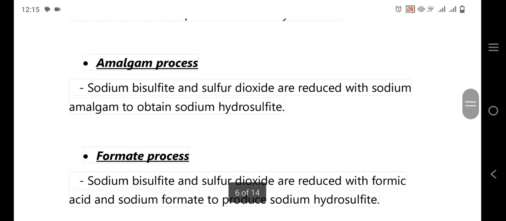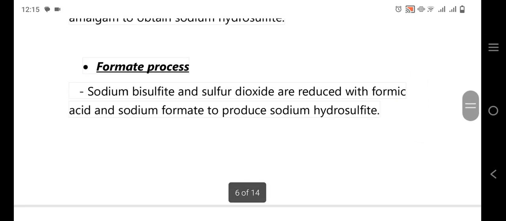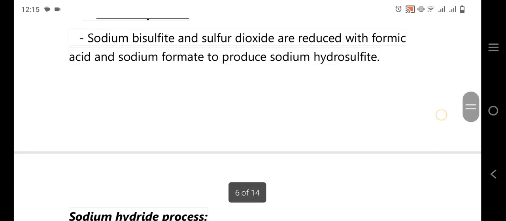Through the amalgam process, sodium bisulfite and sulfur dioxide are reduced with sodium amalgam to obtain sodium hydrosulfide. Through the formate process, sodium bisulfite and sulfur dioxide are reduced with formic acid and sodium formate to produce sodium hydrosulfide.